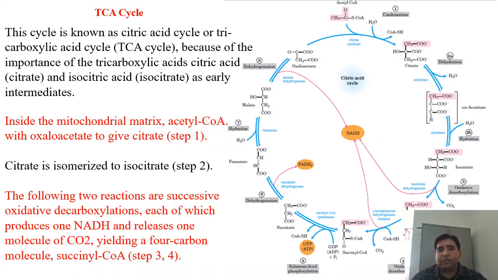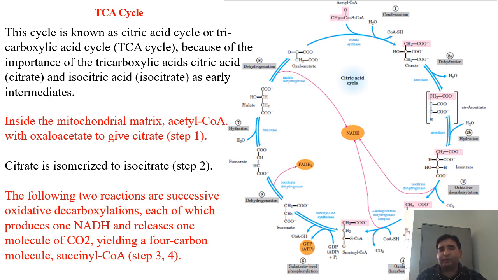Then this acetyl coenzyme A enters the TCA cycle. The TCA cycle is known as the tricarboxylic acid cycle because it is conducted by 3 carbon compounds mainly.